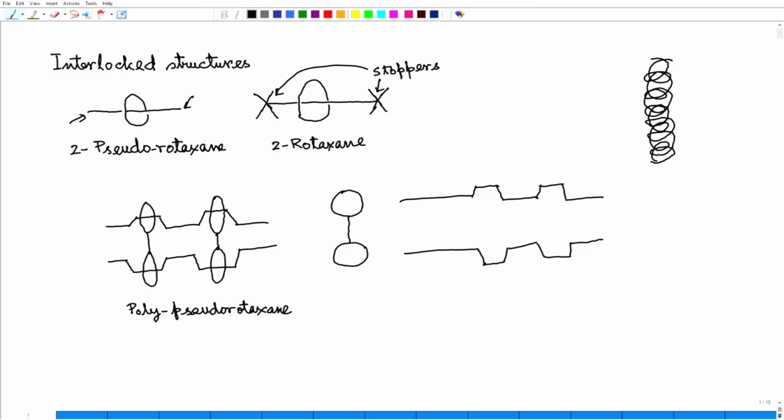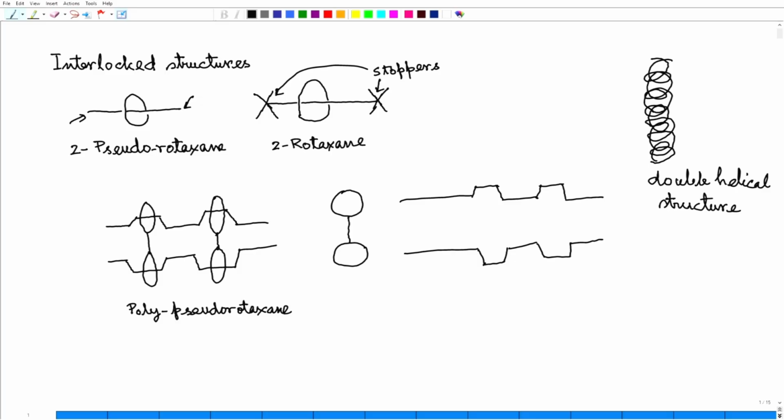This is a double helical structure. Similarly, we can have triple helical structures.